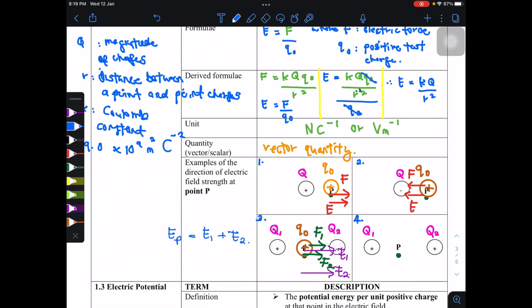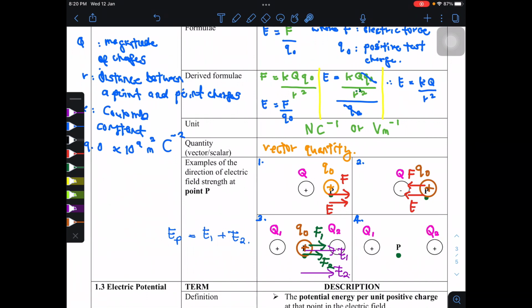The same thing goes for example number 4. In this example, I have two point charges. Q1 is a positive point charge, and Q2 is also a positive point charge. Here is my point P. This point P, I locate in the middle of Q1 and Q2.